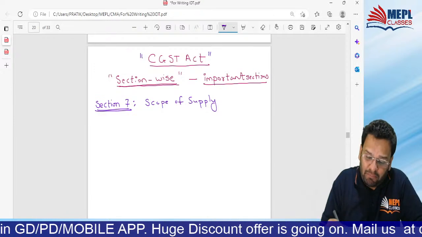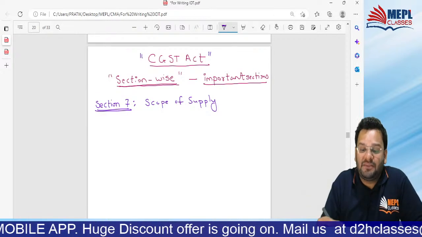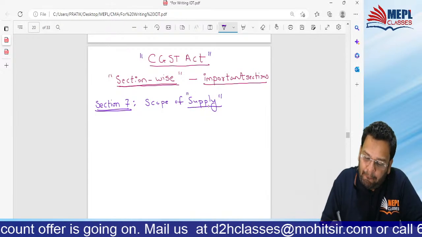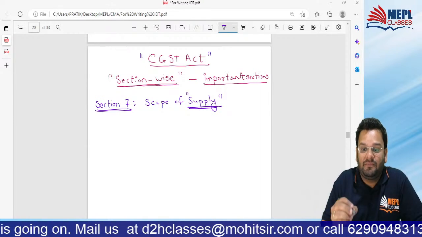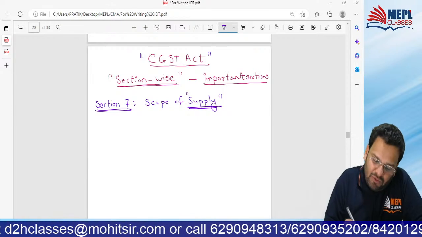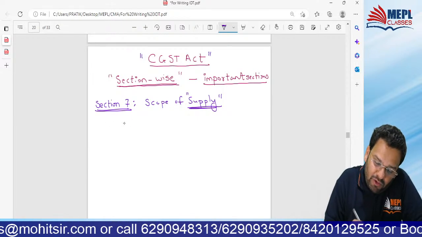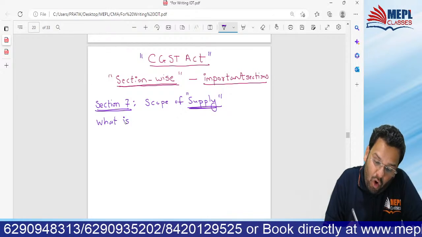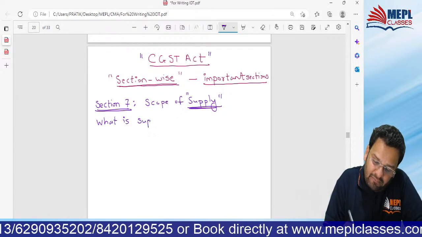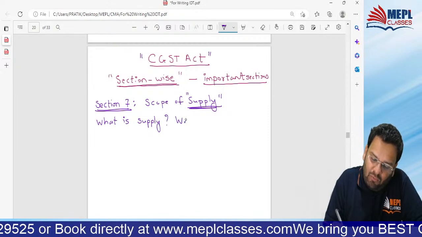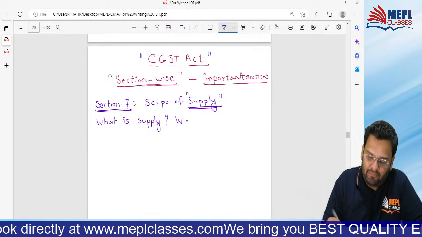In scope of supply, you know why supply is important. Supply is important because supply is the taxable event, isn't it? So in scope of supply, you're going to study what is supply, exactly what is supply and what is not supply.